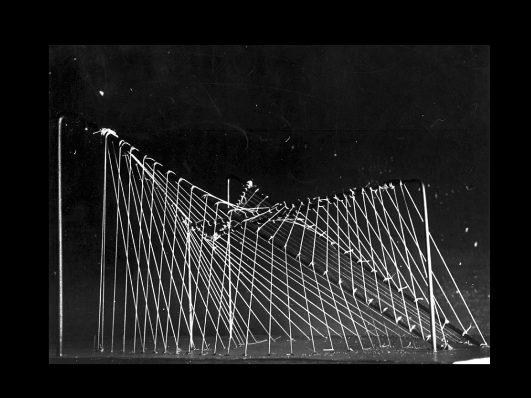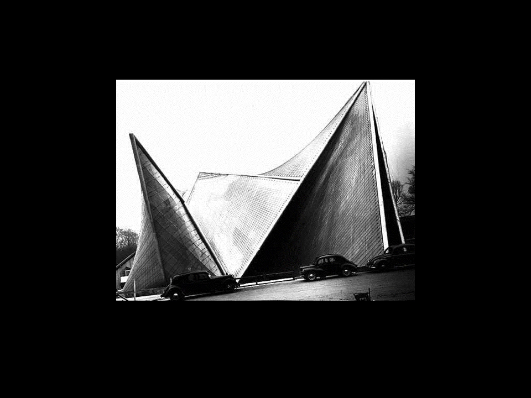This is one of the early study models where this idea of the geometry was explored. That's a historical photograph. You can tell the cars are pretty ancient. Architecture is very, very current in many ways.